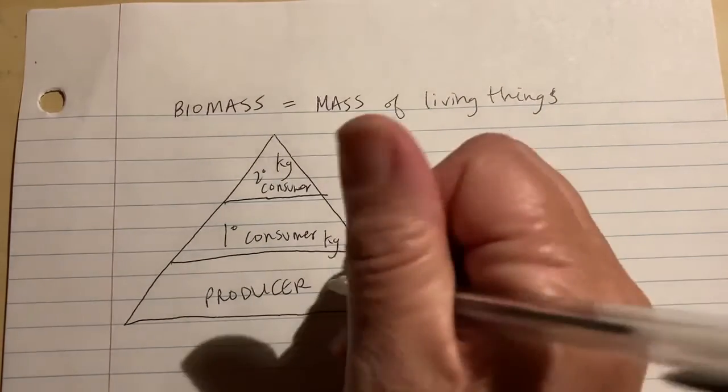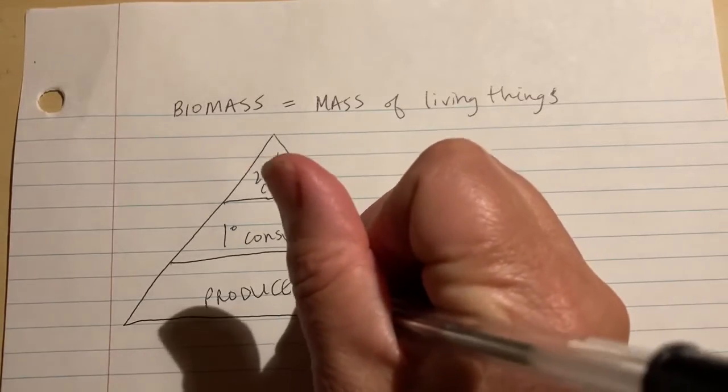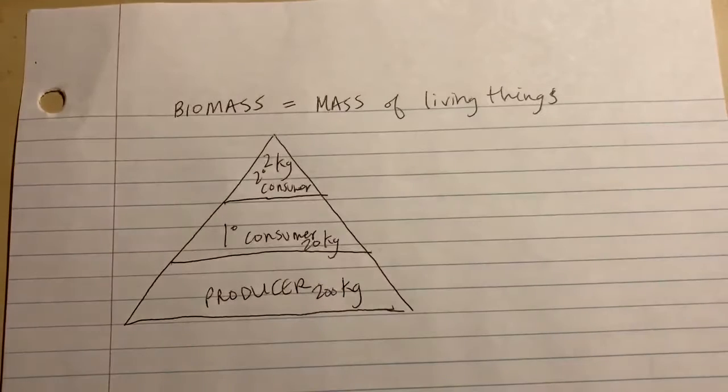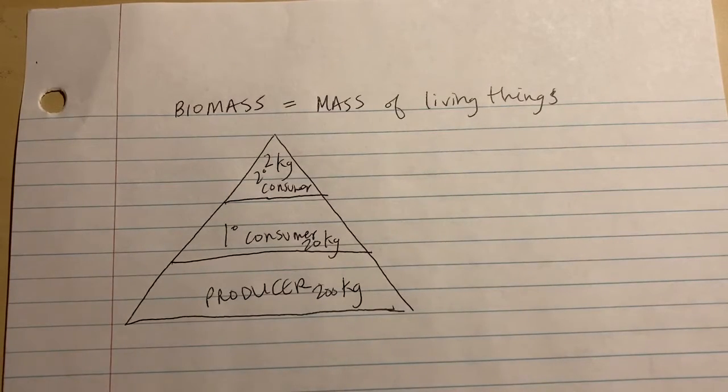So you're going to have a similar pattern in the numbers as we did with the energy pyramid, okay? But the producers are always going to have bigger biomass than the consumers that are up the food chain from the producers.